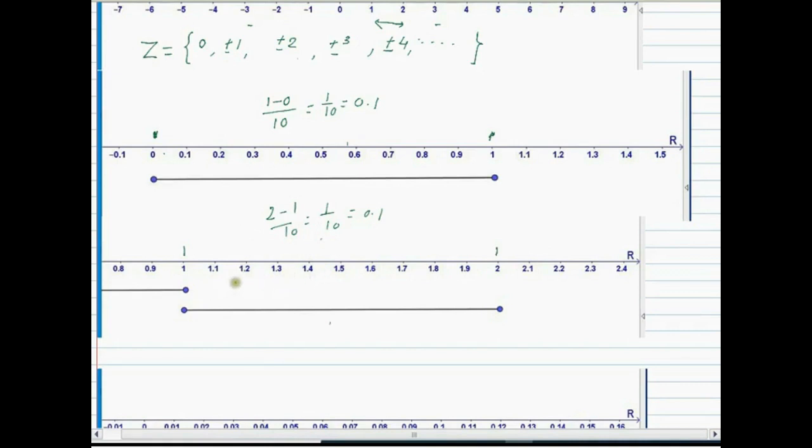So we have these are the numbers in between 0 and 1, which we have obtained by dividing the interval 0, 1 into 10 equal parts, and here 1 to 2, this interval is divided into 10 equal parts.